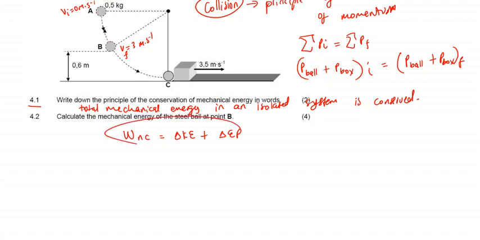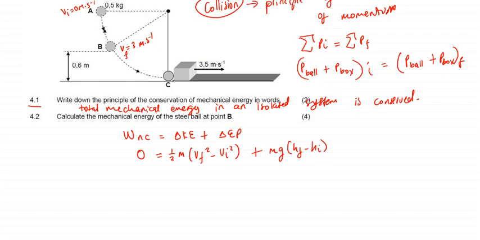Now, how do we use this formula? Just substitute 0 because we are saying it's an isolated system. Then this one here, remember, it's half m, vf squared minus vi squared. And then this one, remember, it's mg, h final minus h initial. Now, the mass of the object is what?